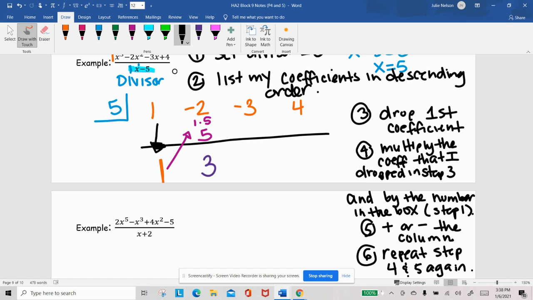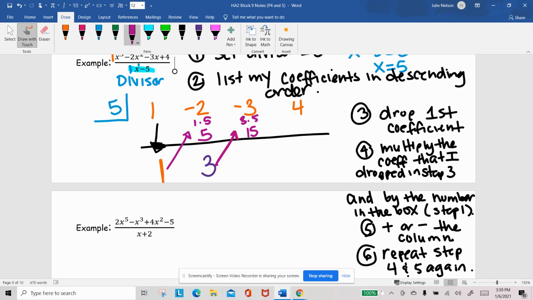So the number that I dropped is number 3. I'm going to multiply by the number in the box. Okay. So the number in the box is 5. So 3 times 5 is 15.